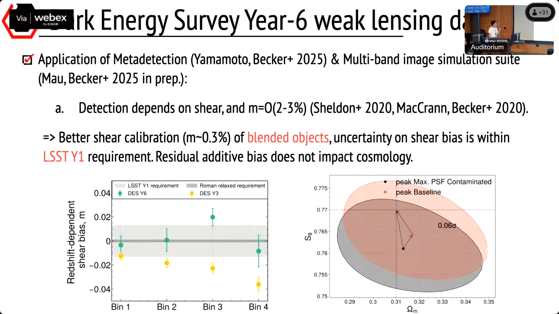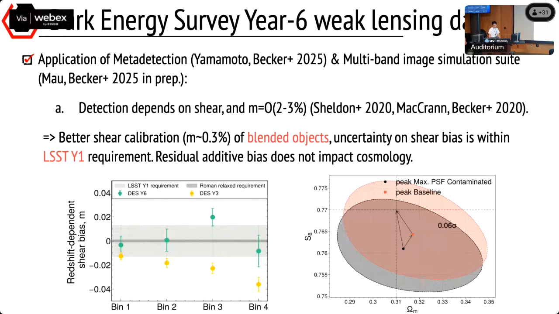But people realized that the detection of objects itself depends on shear, and this bias was particularly strong in blended systems, especially as the survey gets deeper. And there was an update to the method called metadetection, which was tested in simulations and was demonstrated to achieve the requirements LSST shear analysis requires. So applying this new method to DES Y6 data was like a proof of concept.